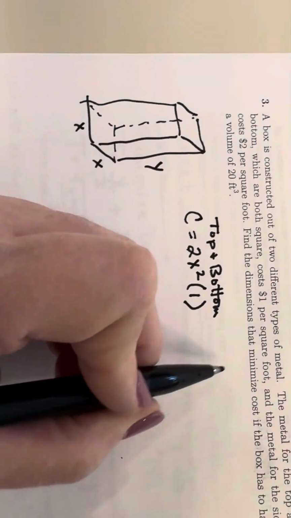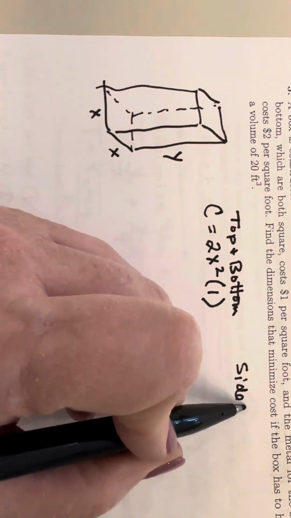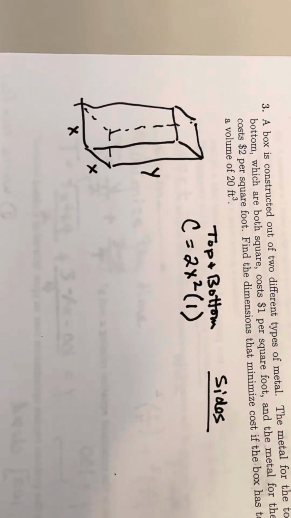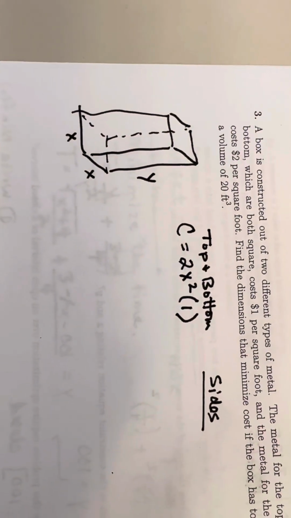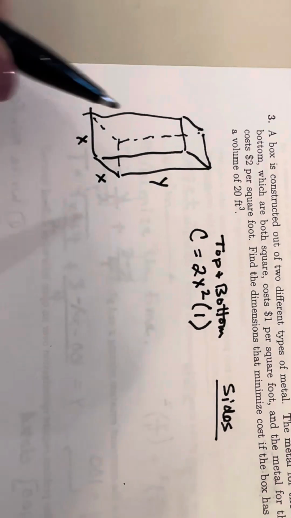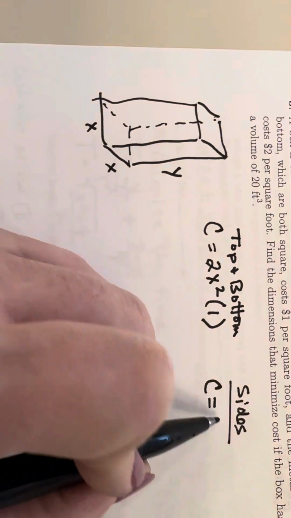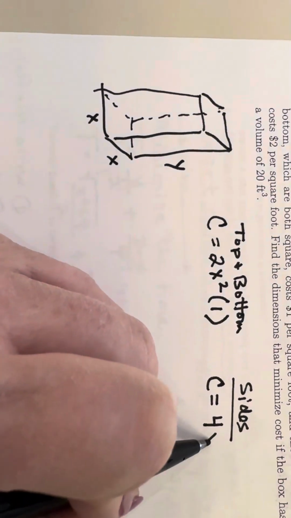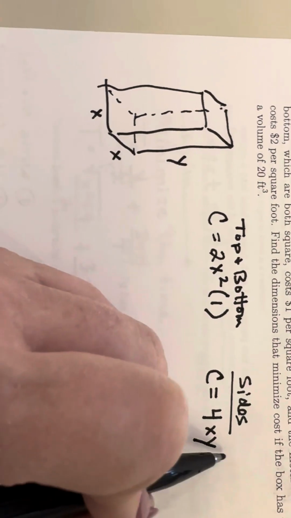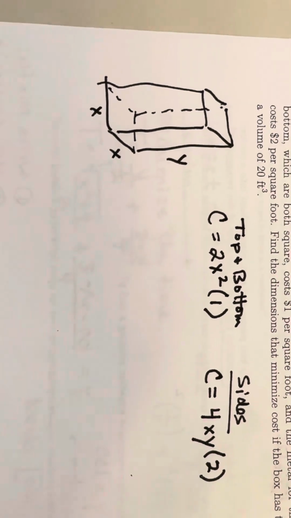Okay, now the sides cost $2 per square foot, and you have 4 sides, so the cost for the sides is 4 sides with areas of x times y times $2 per square foot.